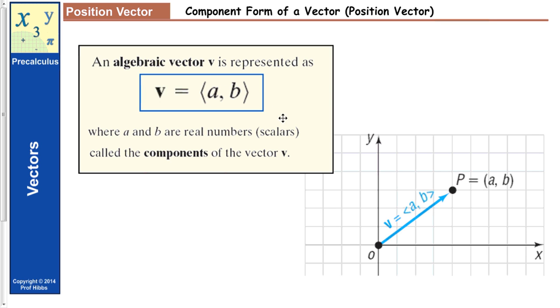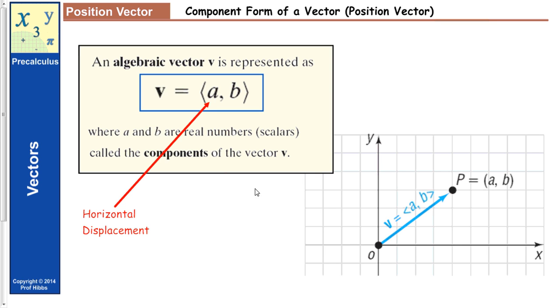And we look at it using, rather than parentheses, these less than, greater than symbols so that we know we're talking about a vector. The first component is the horizontal displacement, the horizontal movement from the beginning to the ending of the vector. Of course, if the number is positive, we move to the right. If the number is negative, we move to the left.